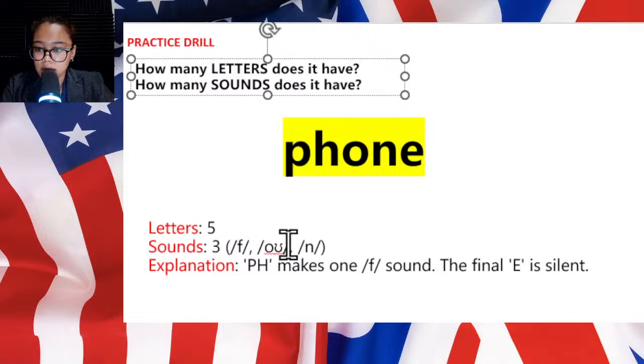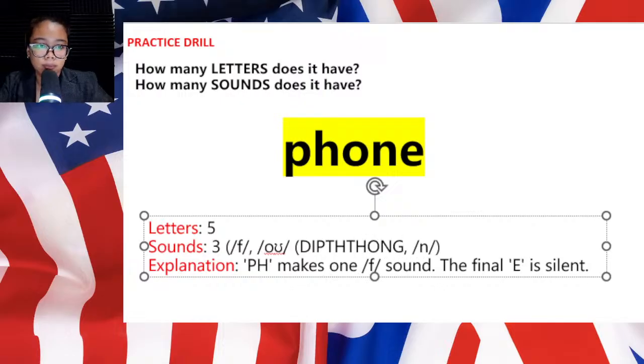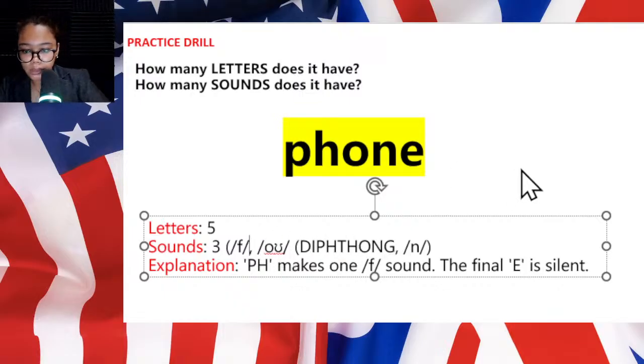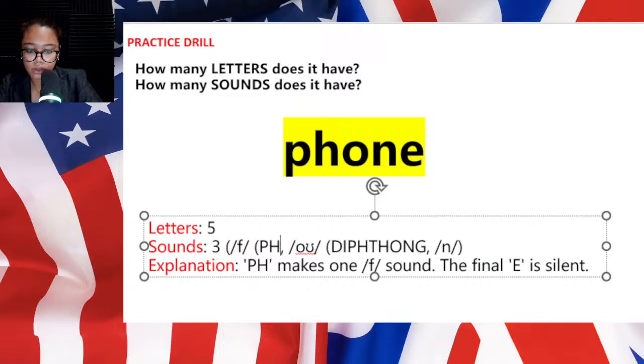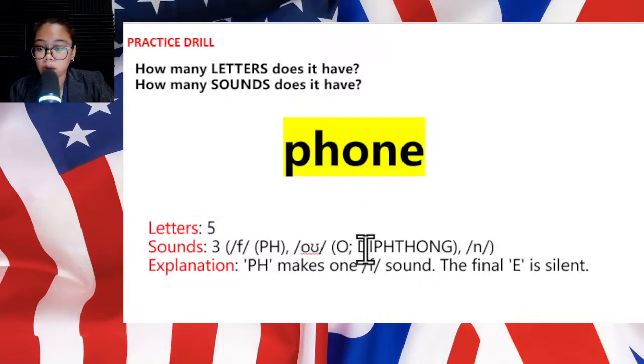Again, this is a diphthong. Here is PH, and the first one is PH for the F sound. The second one is O for the O sound, which is a diphthong. But the letter that is used is O. In the pronunciation, actually, it's the letter O only.